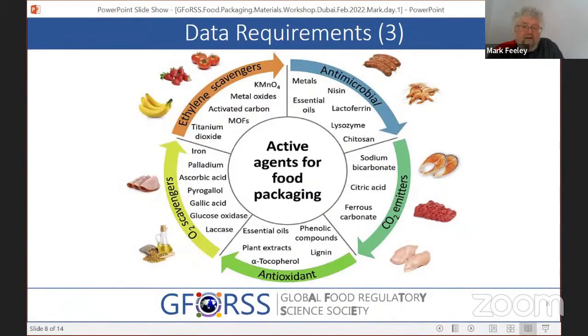So what you're seeing is more of an intentional addition of active agents to food packaging that have a specific effect on the food that's being packaged.